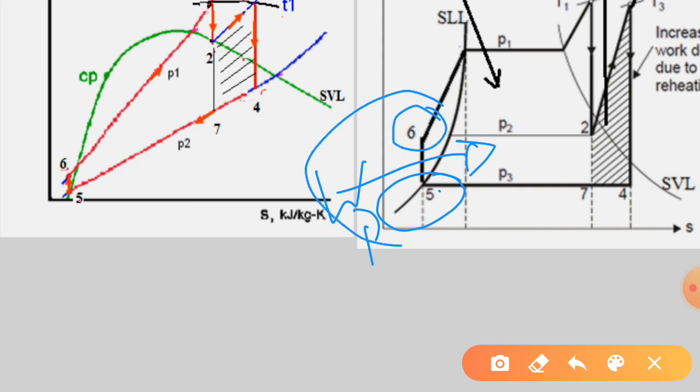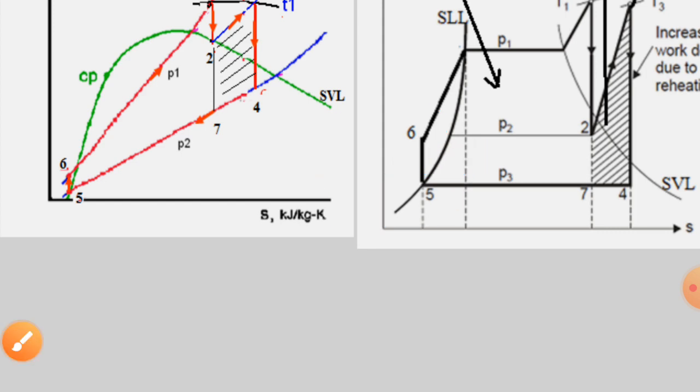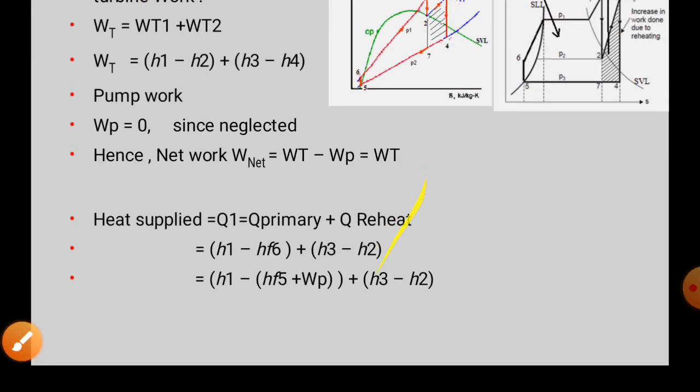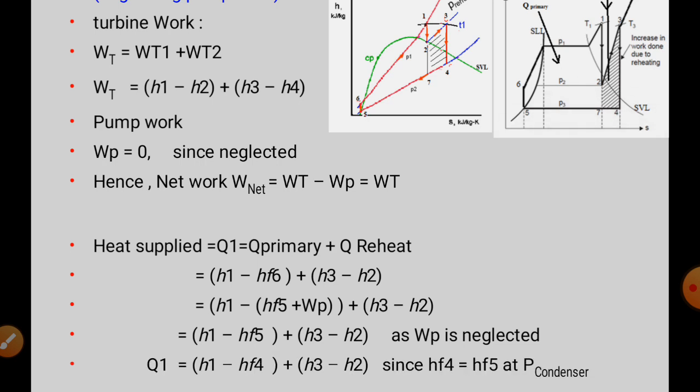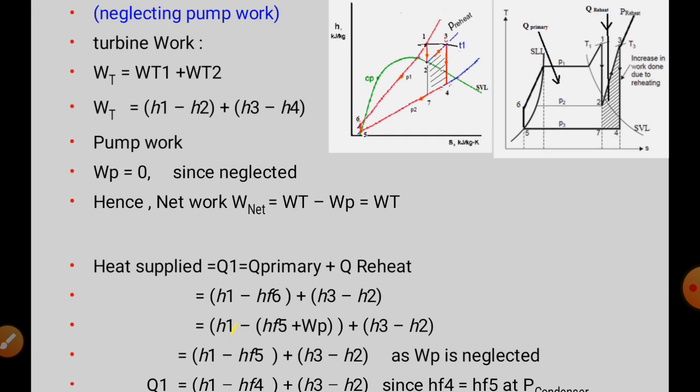This analogy can be seen here also on the HS diagram. In the next step, I have neglected WP, as I assumed WP is negligible in the beginning of this derivation.